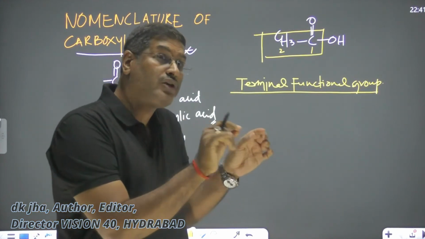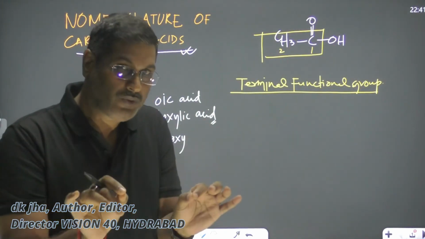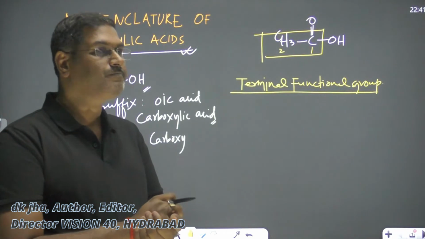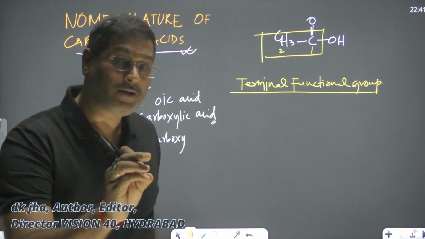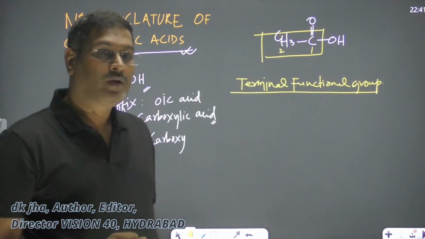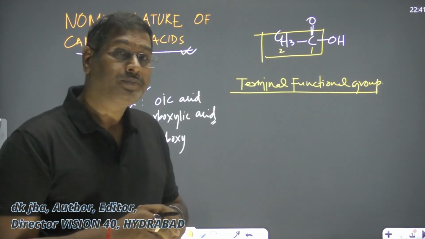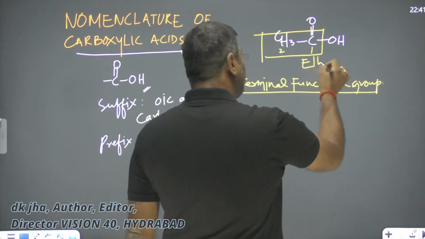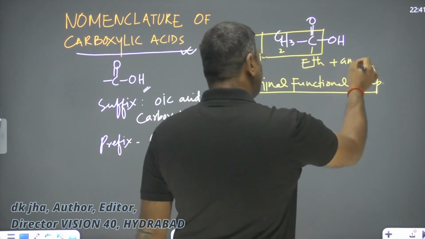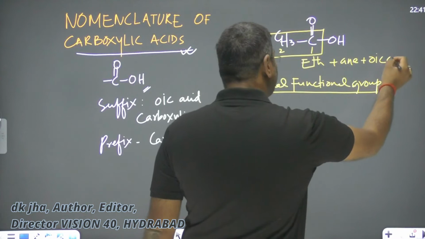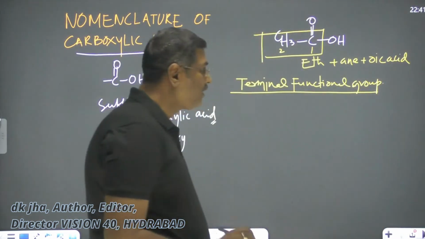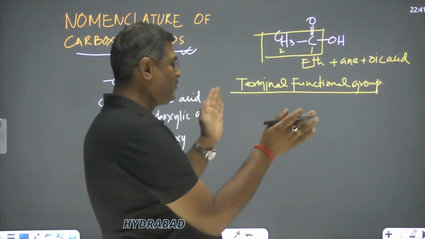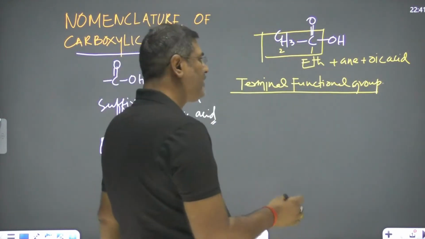In this chain there is no double bond, no triple bond, so the primary suffix is "an". The name will be eth plus an plus oic acid. In brief, when you join together, you write ethanoic acid.